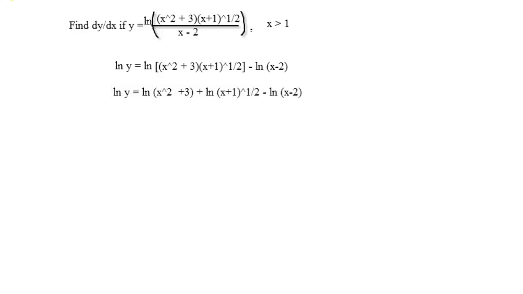Now if you notice, those are 3 separate differentiation parts, and since we're differentiating with respect to x, look at that. That is beautiful. We can actually start setting this up and working on this a little bit easier.